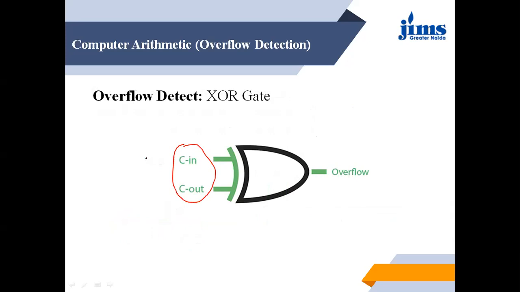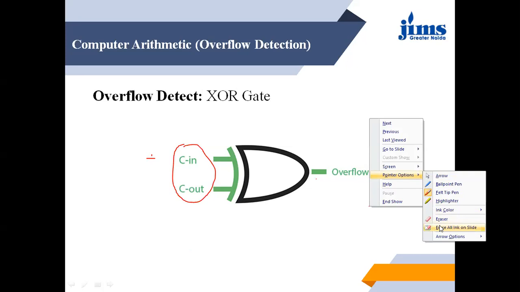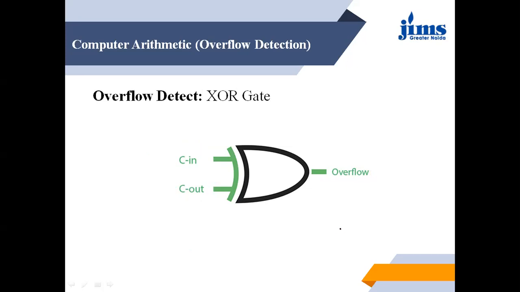And when these two are the same, in that case, there is no overflow. It means by using the XOR gate between C in and C out, we can find out whether there is an overflow or not.